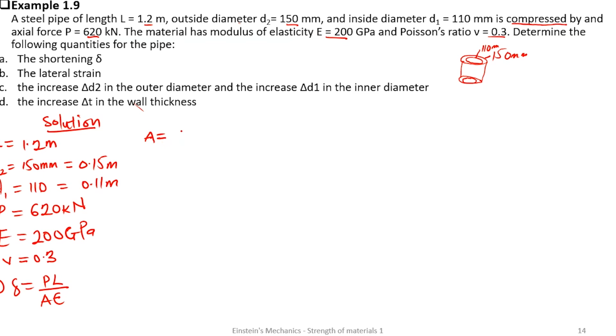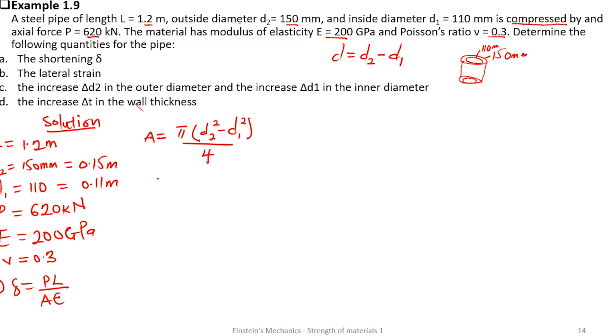We now have pi, and for the D we have D2 square minus D1 square on 4. So to get the actual diameter, we must use D2 minus D1 all square for the area.